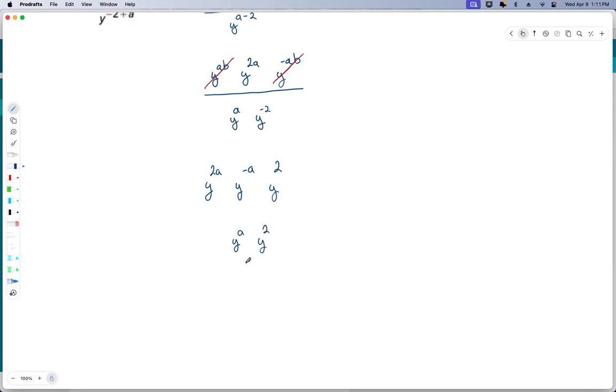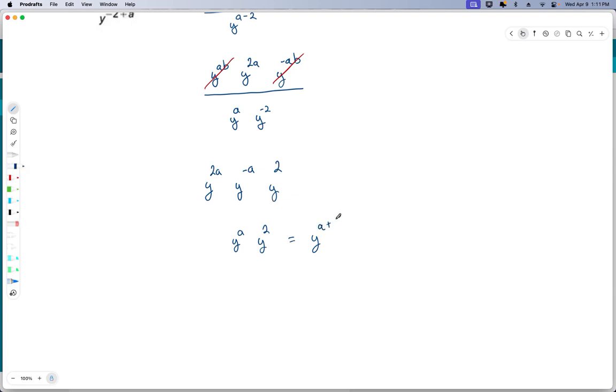And using the same principle, we are going to add these back together, and that's going to be equal to y^(a plus 2), to the a plus 2 power.